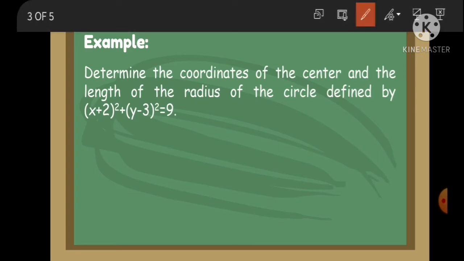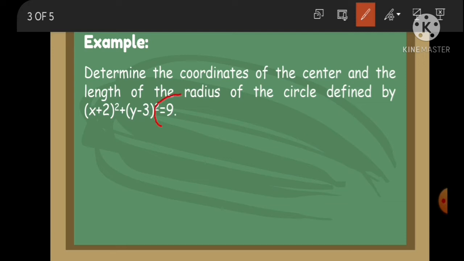Determine the coordinates of the center and the length of the radius of the circle defined by (x + 2) quantity squared plus (y - 3) quantity squared equals 9. Now, let us determine first the length of the radius.